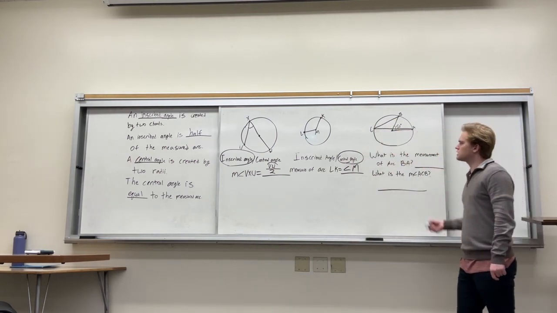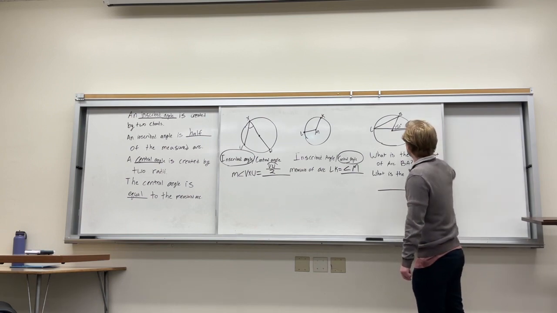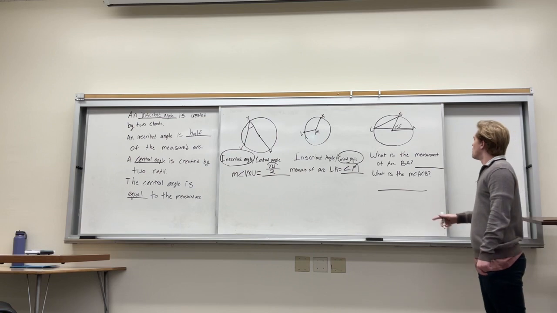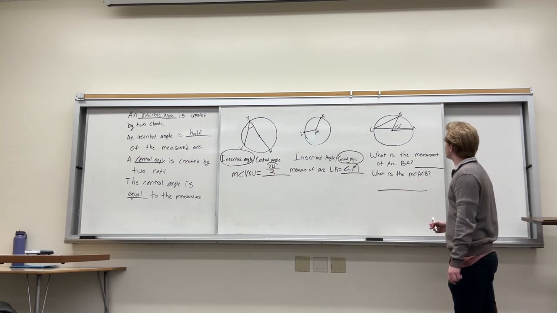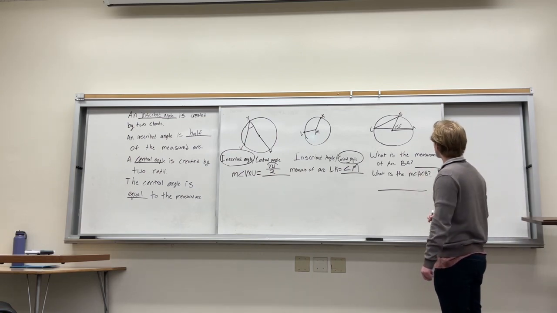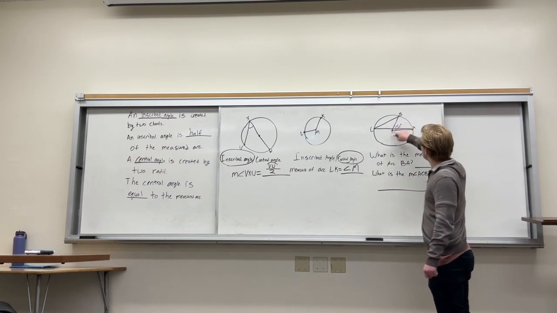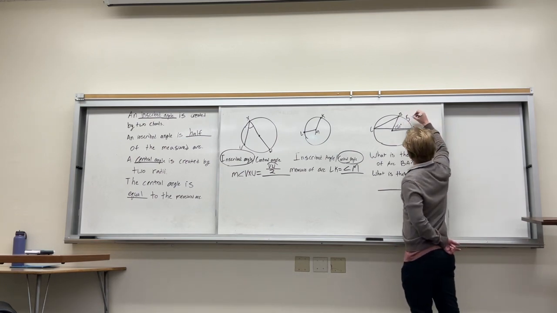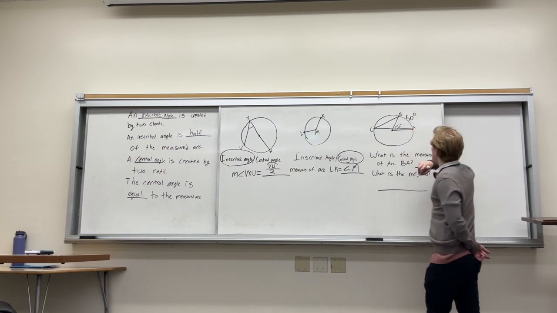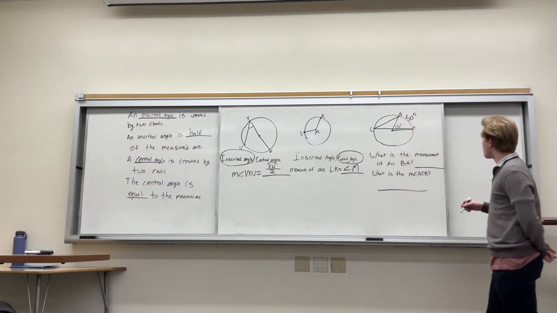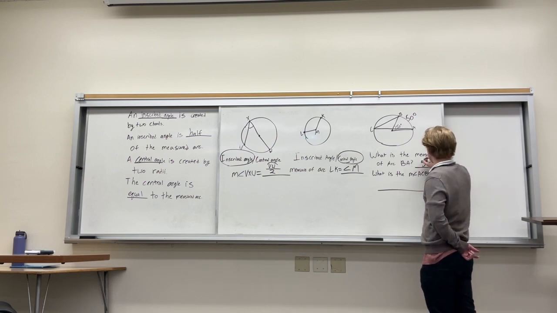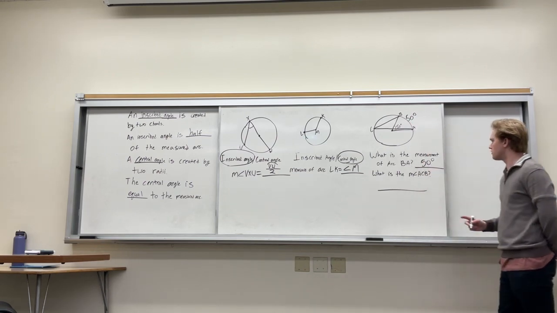So, let's put this in action though. Here we have the problem, that very last problem on the left-hand side. What is the measurement of arc BA? Well, we see that BA has a central angle of 50 degrees. Therefore, the arc from B to A is also going to be 50 degrees, since we have a central angle.